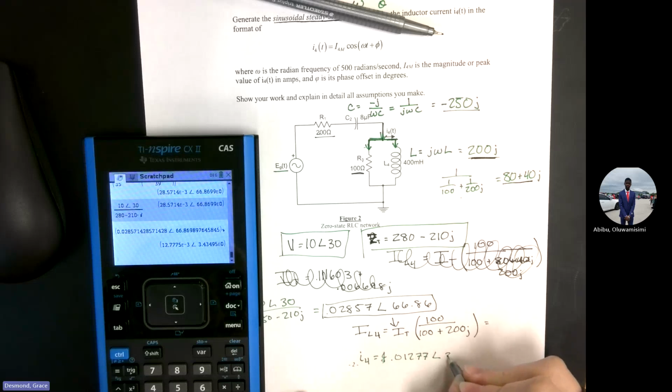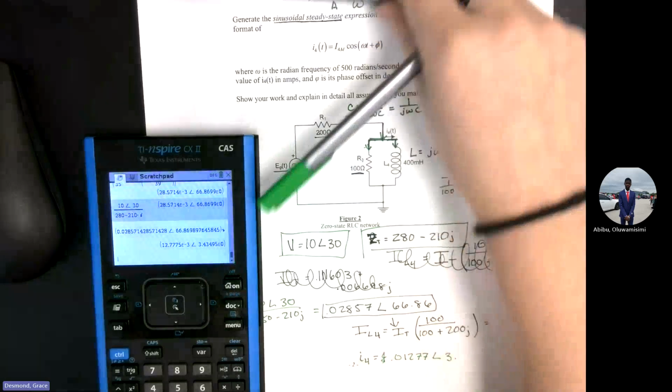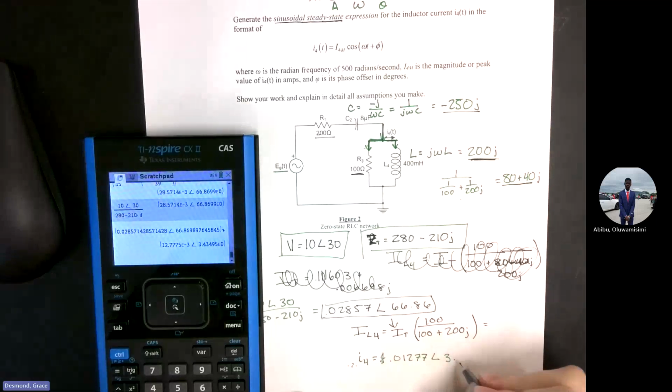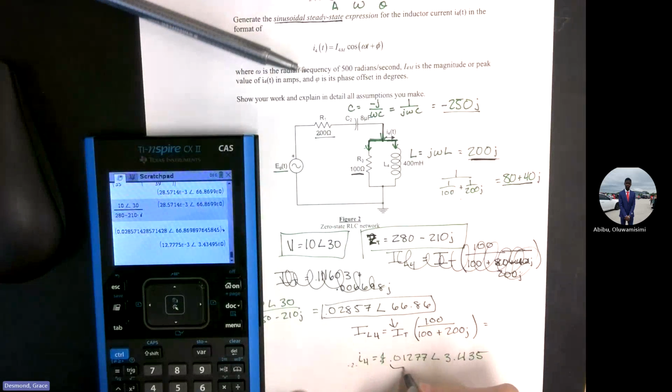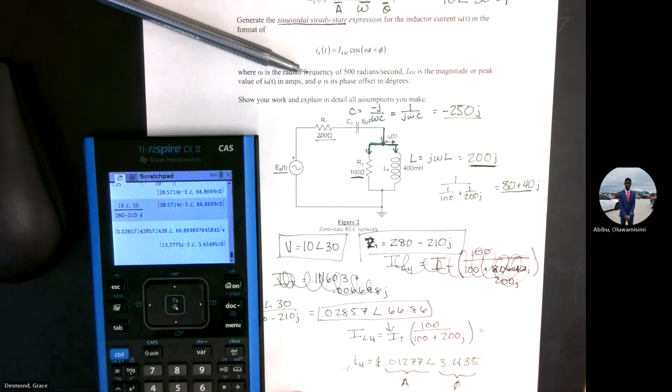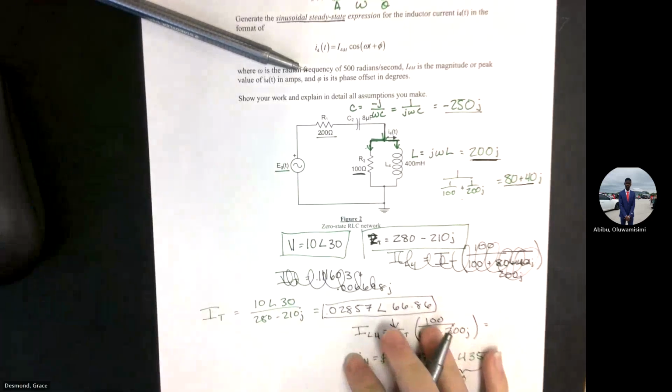So now we're not quite done because it says that we need to put it back in terms of cosine. How do we do that? Plug the number. We're going to say, okay, this value right here is A, and this value right here is phi. Both of them.